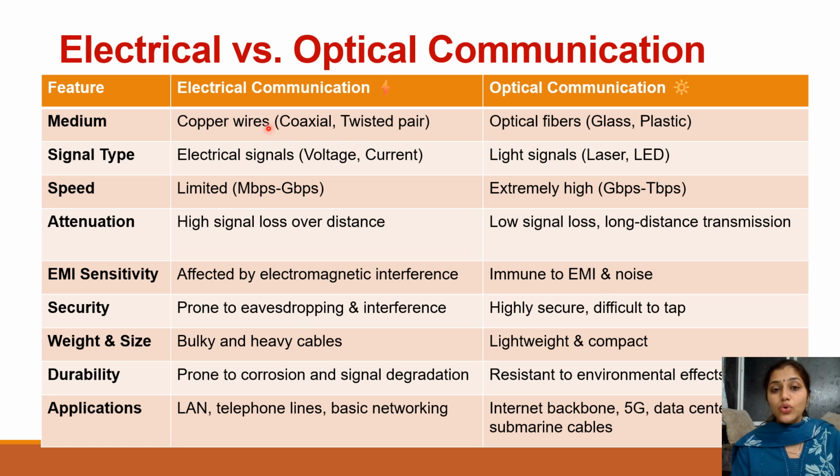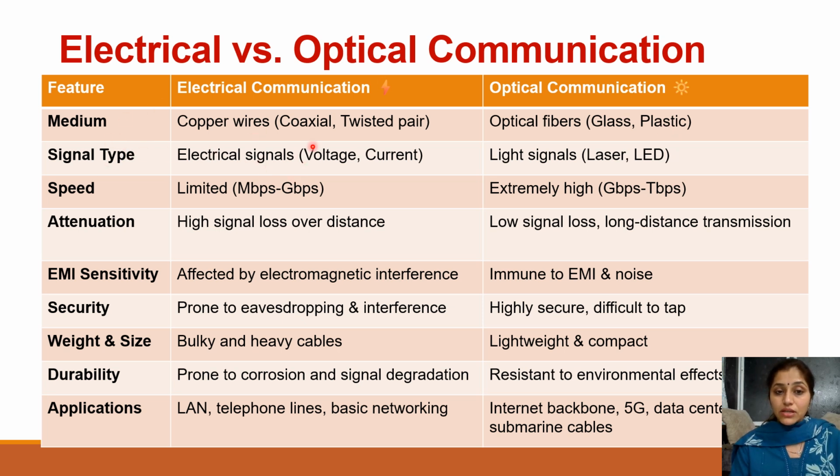So either coaxial or twisted pair cables we use. Here in optical fiber communication, we use optical fibers. So the wires which we use for sending information in optical form are called as optical fibers. And these fibers are made up of either glass or plastic material.